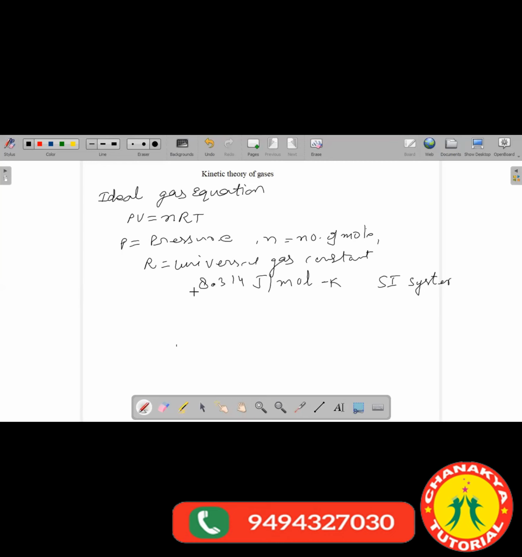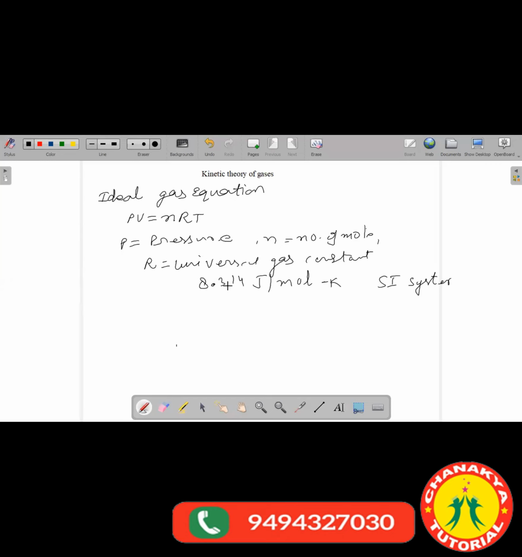If you are using other units, for example, instead of the number of moles, if you use kilogram, the value of R is different. Generally, we try to use the SI system of units. So you can see there are different values of R depending on the units that we use.